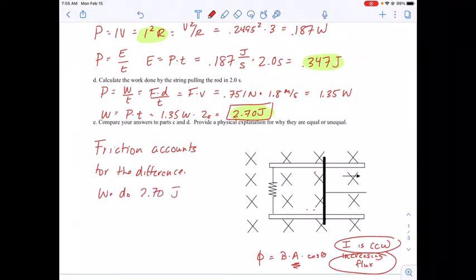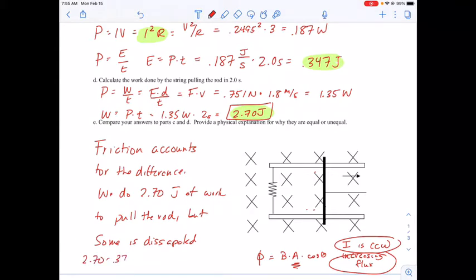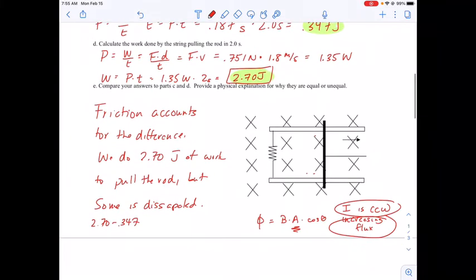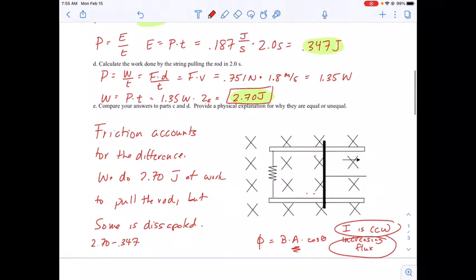We do 2.70 joules of work to pull the rod, but some is dissipated. It would be better actually 2.70 minus 0.347, whatever number that is, that would be the amount dissipated. Okay. I hope that made some sense.